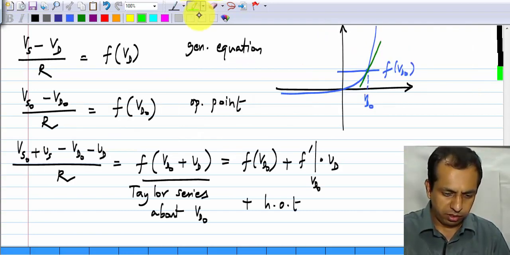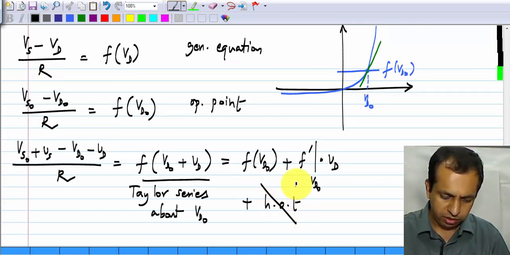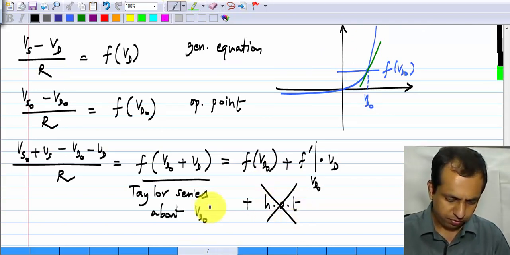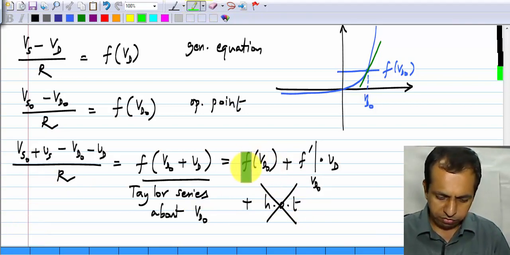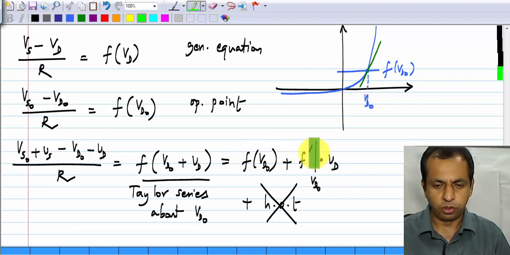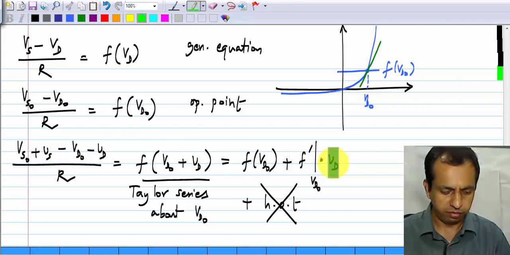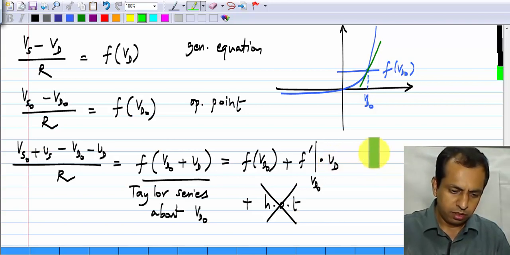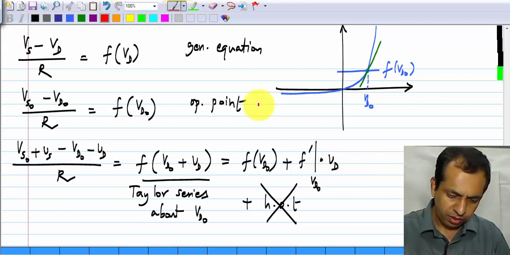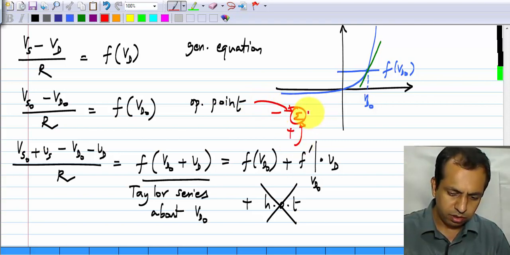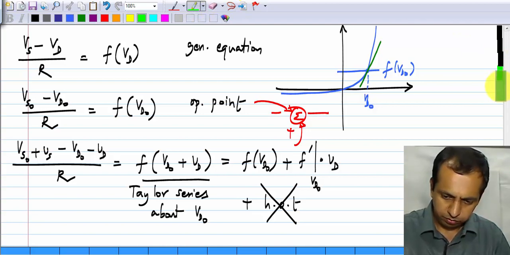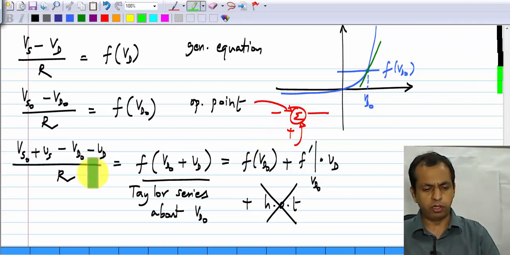So, now what does it mean if I neglect these? I will be left with this f of Vd0 and the first order dependence on this lowercase Vd, or the incremental Vd. Then what I do is subtract the operating point case from this case.